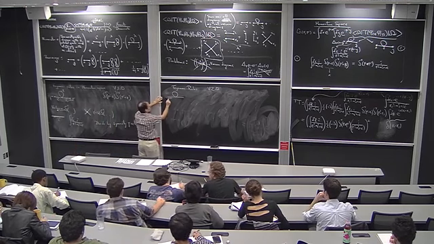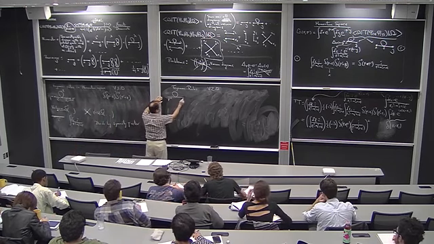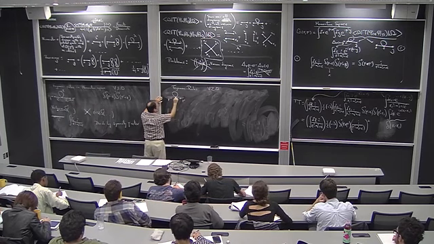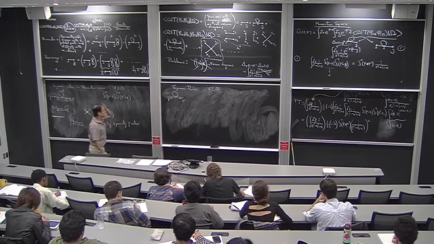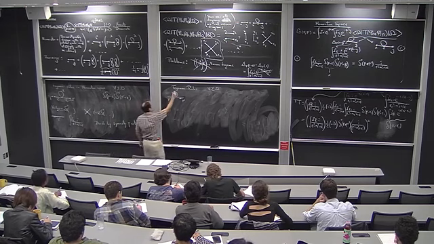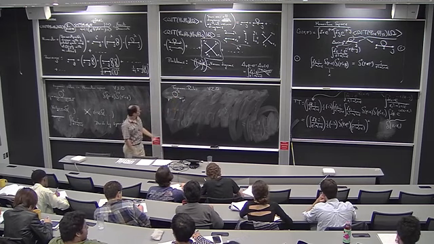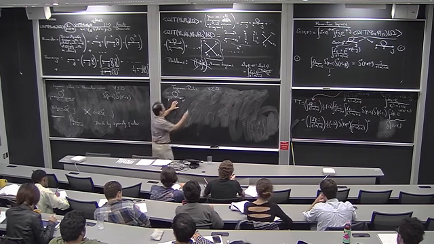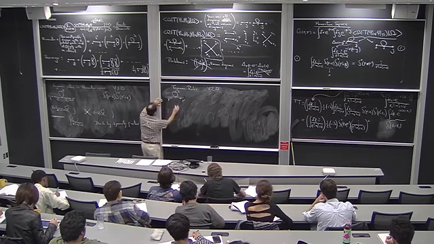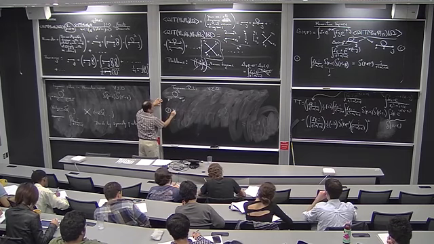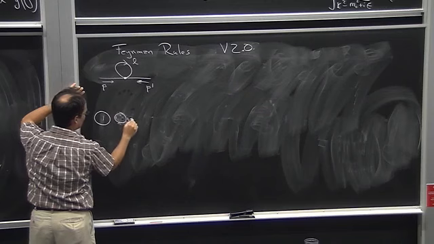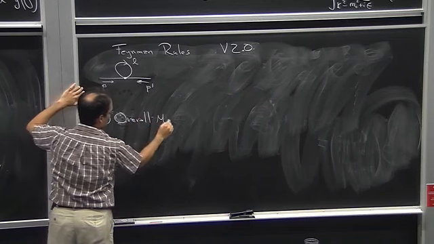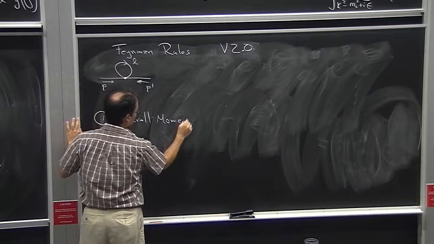Say that the momentum that goes here is P, the momentum here is P prime, okay? This momentum is L, and then what's the rule? The rule tells you to add, first of all, an overall momentum conserving delta function.